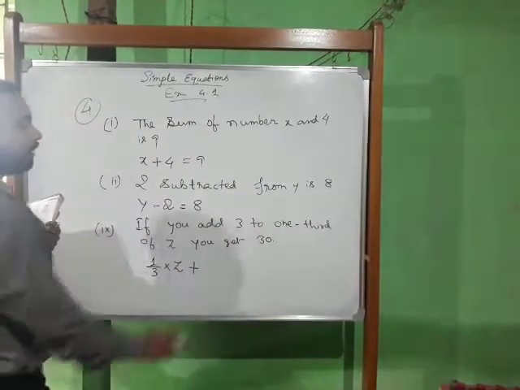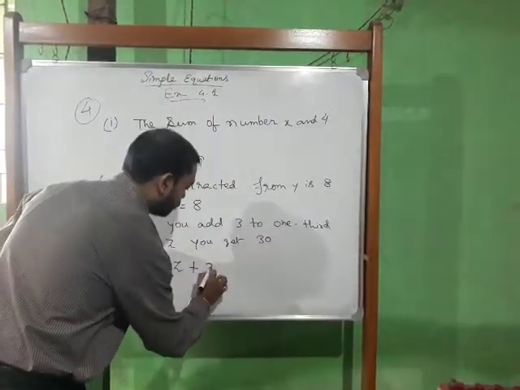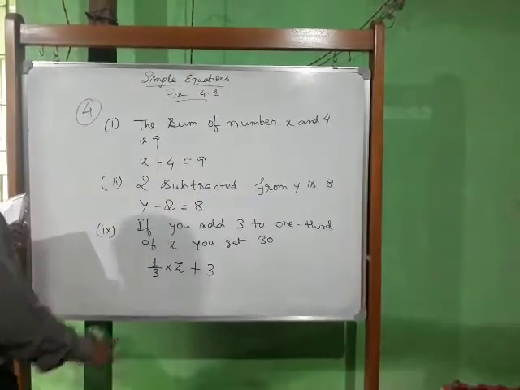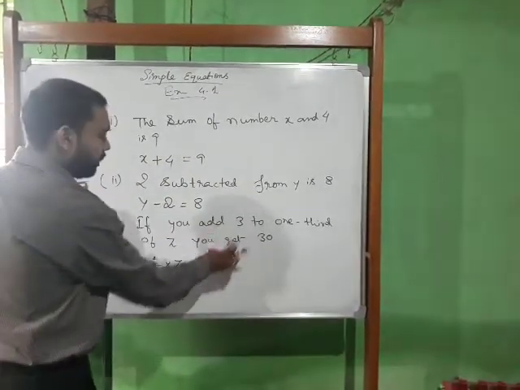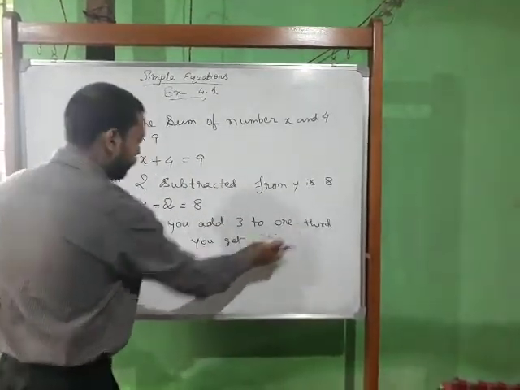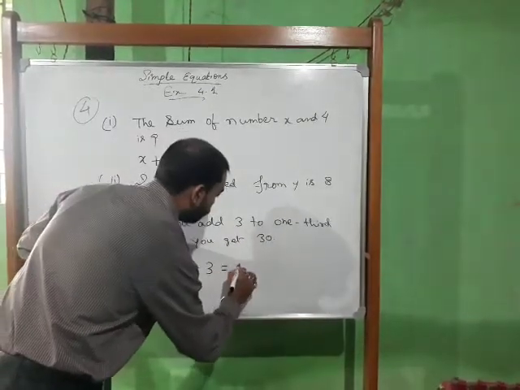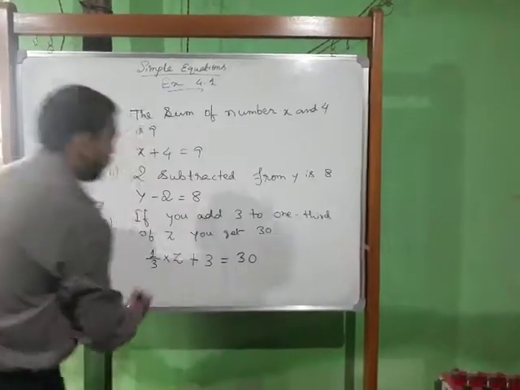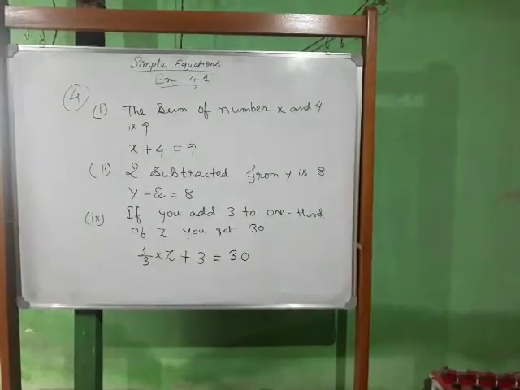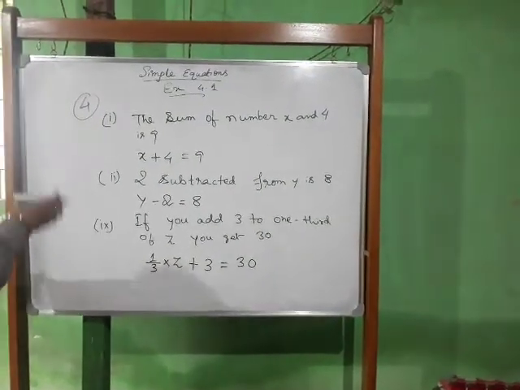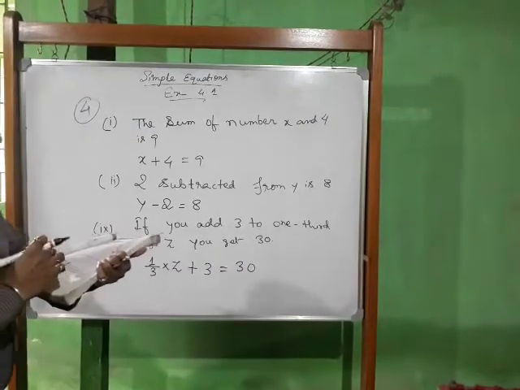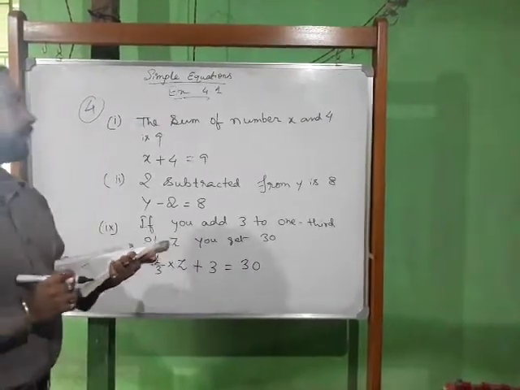So you give plus, add 3, so plus 3. So if you add 3 to 1/3 of z, you get 30, equal to 30. So this is the equation. Okay. So in this way we can form the equation from the given statement.